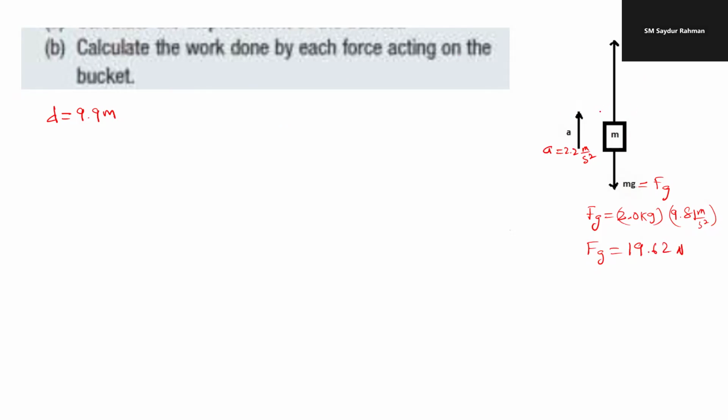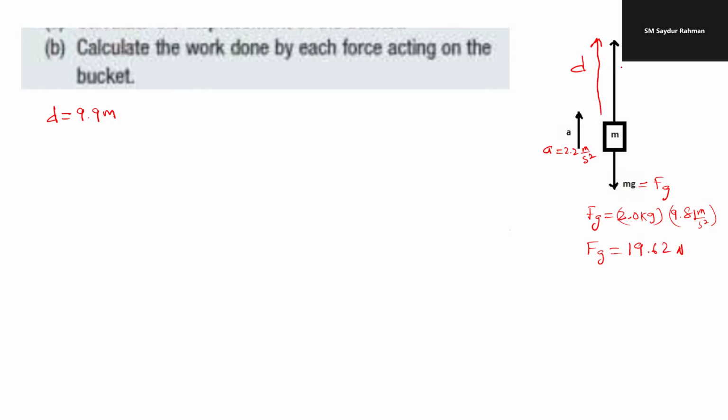So I'm drawing it now. This will be your displacement, straight upward. Sorry for my wiggly line, but this is an upward straight line. Okay, so this is my d. And now you can see that T, the force of tension, and the displacement are in the same direction.